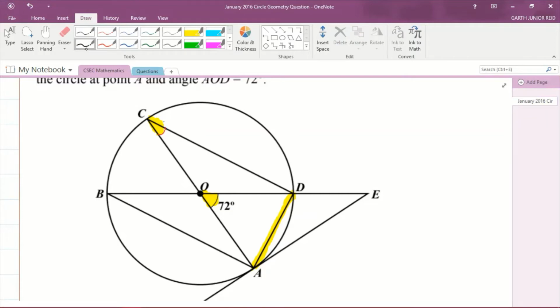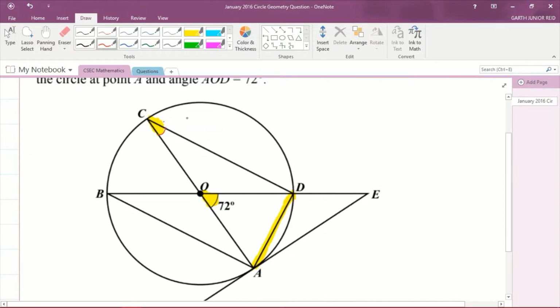Now, there's a theorem which says that if two angles stand on the same chord, then we know that the angle at the center is 2 times the angle at the circumference, right? So that is the knowledge that I'll be using to calculate this angle here, angle ACD, all right? Yes. So we want that angle, which is angle ACD, all right?